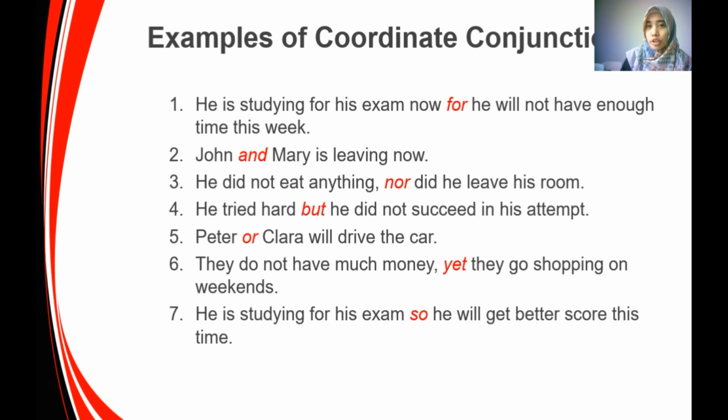After the word nor, you put the helping verb first, then the subject, then the main verb and complement. For example, he did not eat anything. Did not eat here is the negative statement, and nor here is the addition, showing that the second clause will have the negative meaning, continuing the first one.